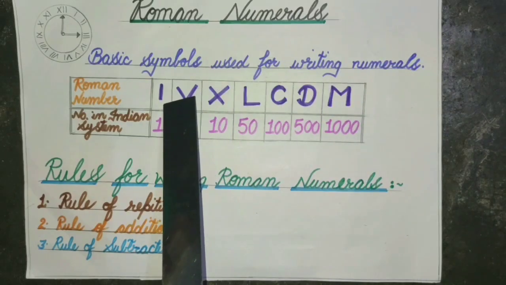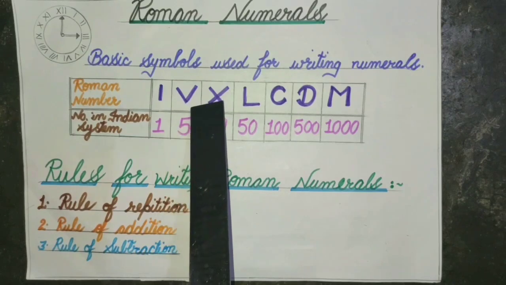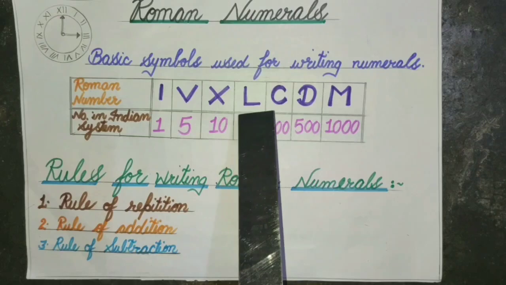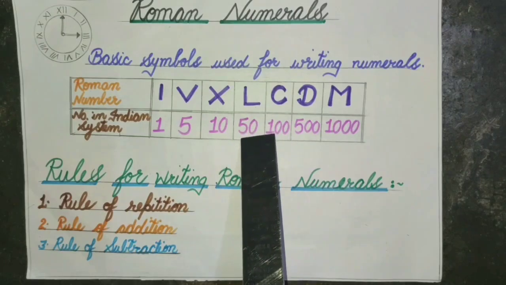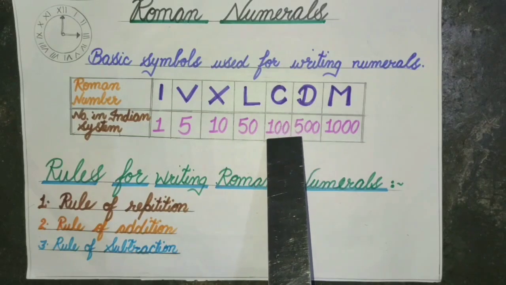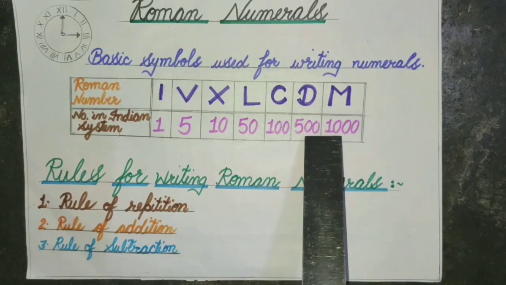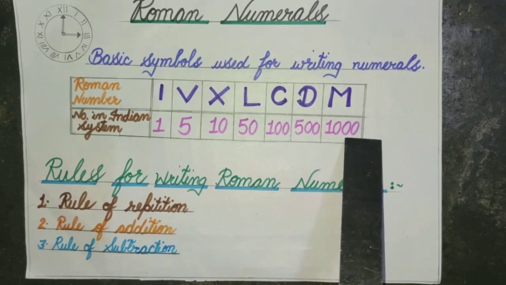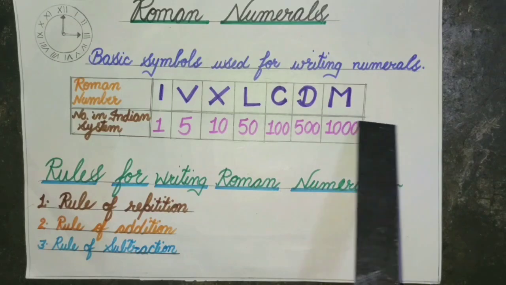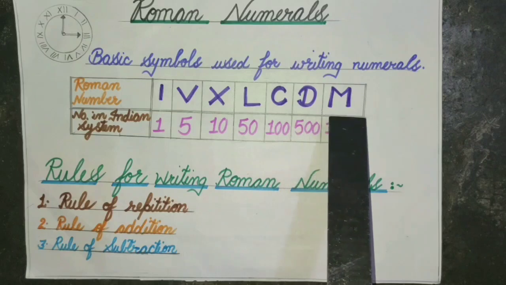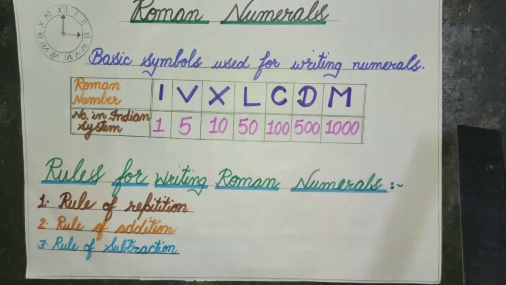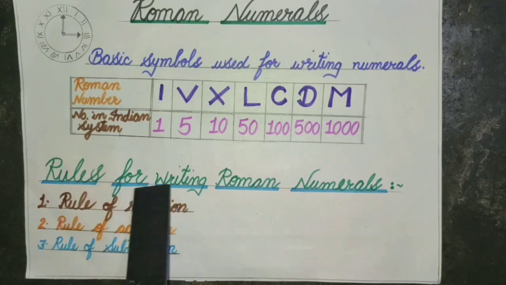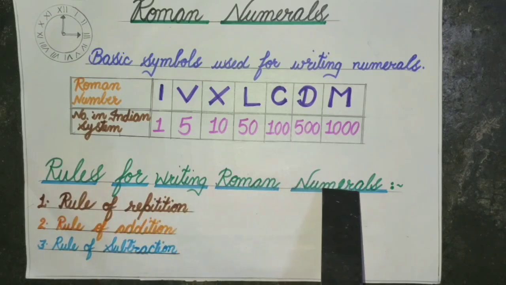Here I is equal to 1, V is equal to 5, X is equal to 10, L is equal to 50, C is equal to 100, D is equal to 500 and M is equal to 1000. It is important to learn all these letters to do the questions. Clear everyone? So let's move to the rules for writing Roman numerals.